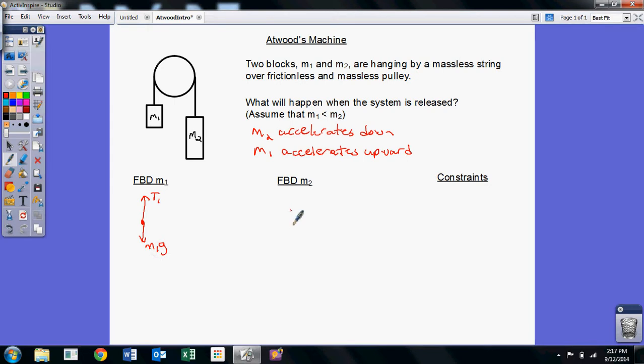And for block 2, we'll have a weight force equal to M2 times little g and a tension force T2.